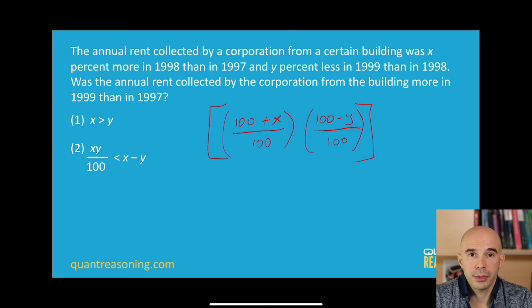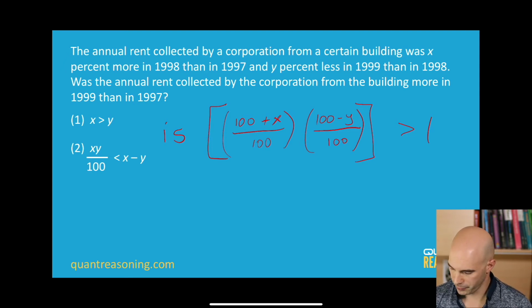This expression represents the factor by which the rent has changed. So if the rent went up, that would imply that the factor was... So that's what this question is really asking. Is this expression greater than 1? Question mark. They're asking, is this change factor greater than 1?